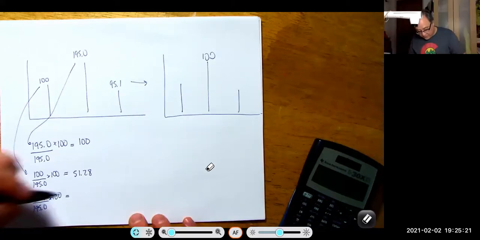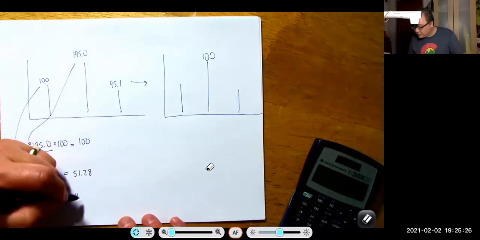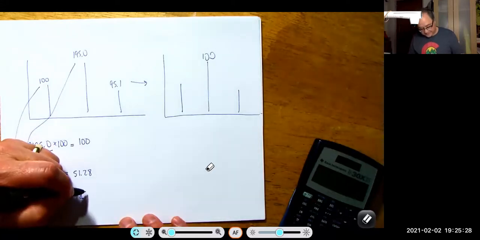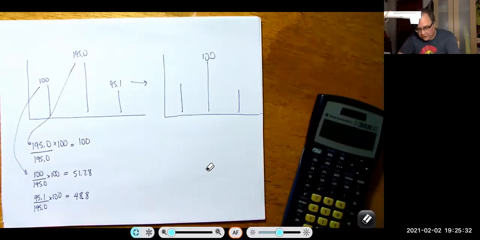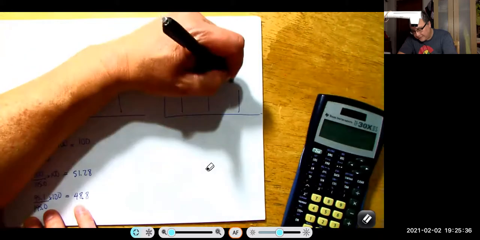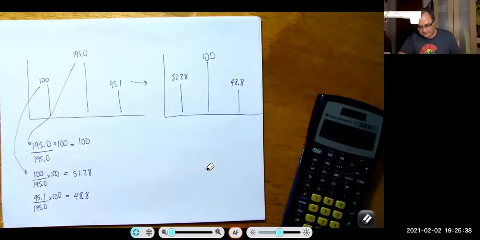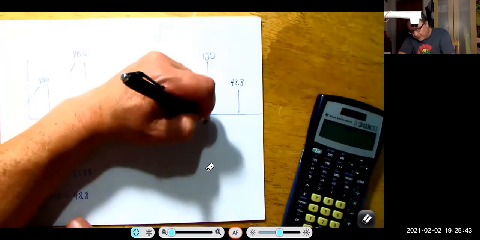And I get 48.8. So that's 100, that's 51.28, and this is 48.8. And this is 158, 160, 162.